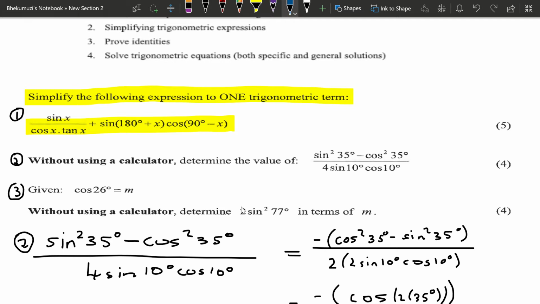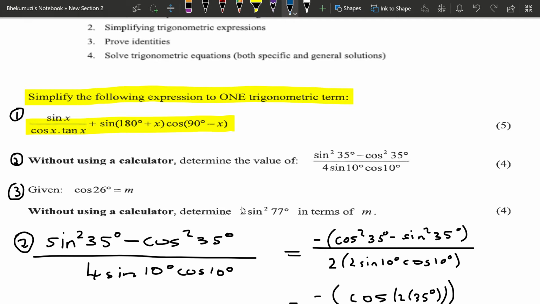With number 2, you would see: without using a calculator, determine the value of (sin²35° − cos²35°) over 4 sin 10° cos 10°.